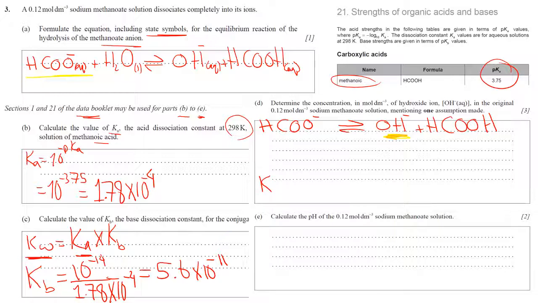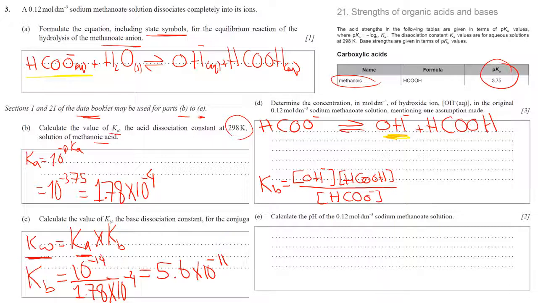Kb is equal to the concentration of OH negative multiplied by the concentration of HCOOH over the concentration of HCOO negative.